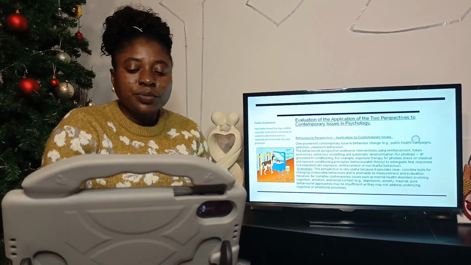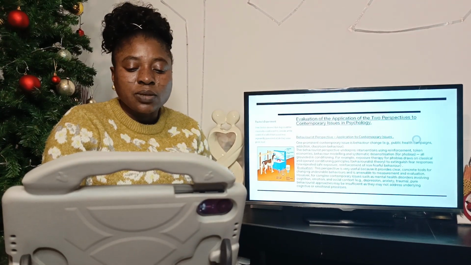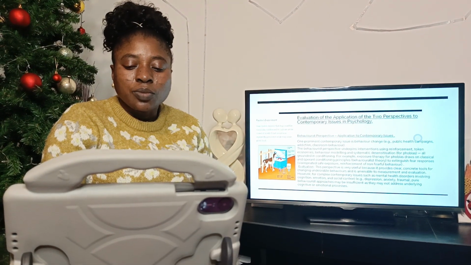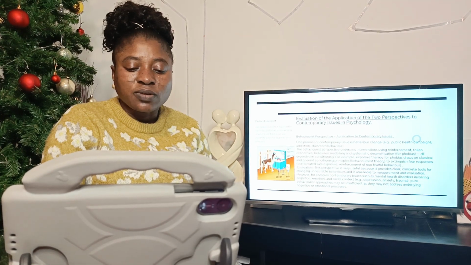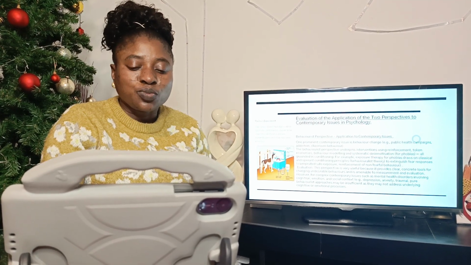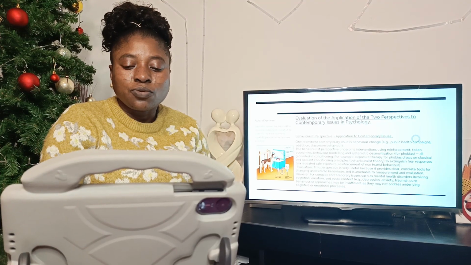For example, exposure therapy for phobias draws on classical and operant conditioning principles. Behaviorist theory: to extinguish fear responses via repeated safe exposure and reinforcement of non-fearful behavior.